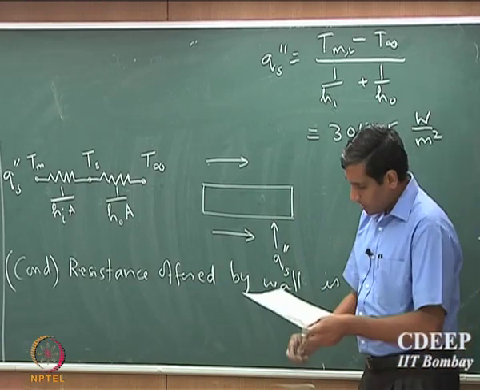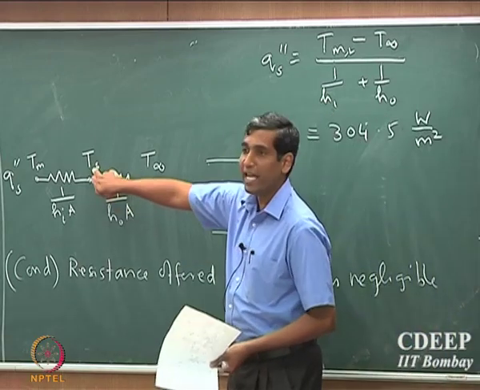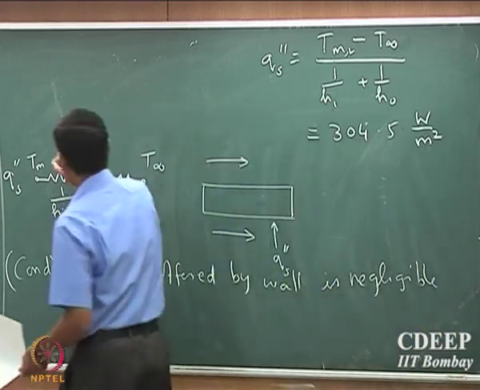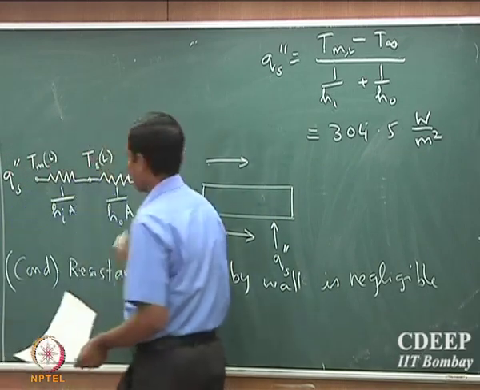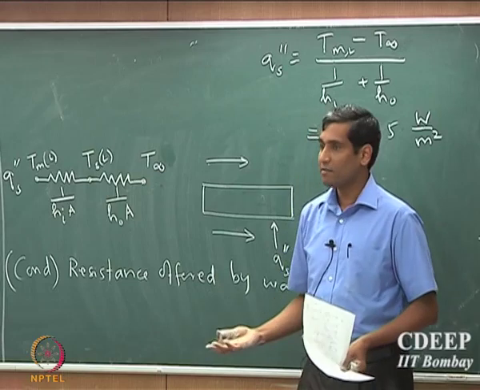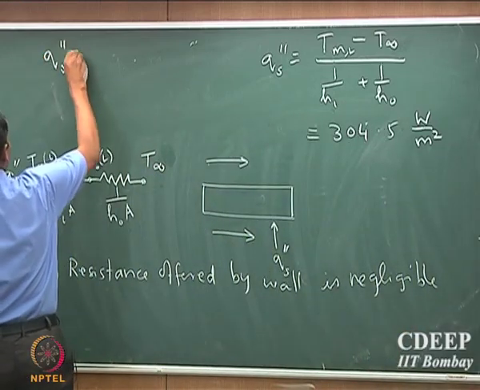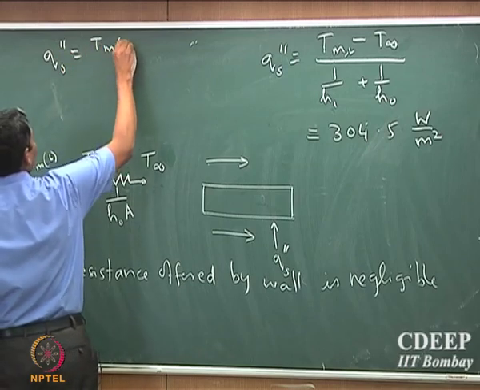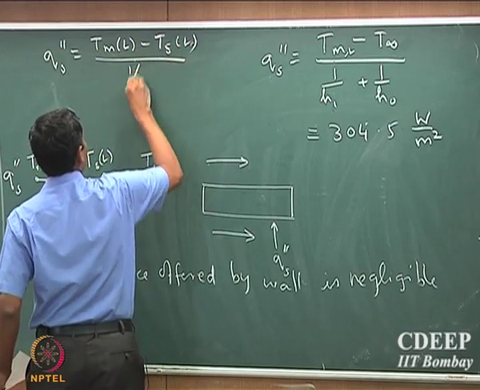How do I find the next question is I need to find the temperature at the boundary. I need to find Ts. Okay. So, I need to find Ts at L. How do we do that? Yeah, so same flux. So, Qs double prime is also equal to TML minus TSL divided by 1 by Hi.